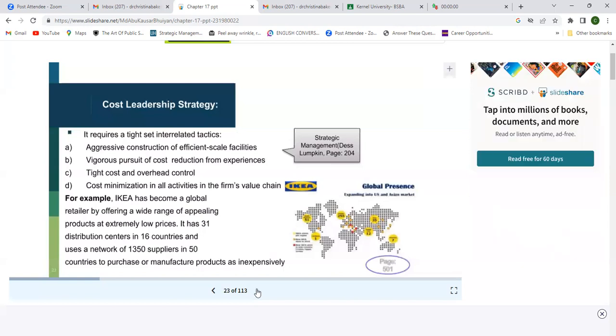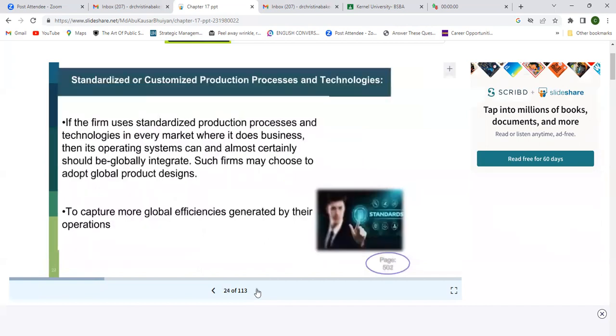Here we can see IKEA and its global presence. IKEA has become a global retailer by offering a wide range of appealing products at extremely low prices. It has 31 distribution centers in 16 countries and uses a network of 350 suppliers in 50 countries to manufacture products inexpensively.